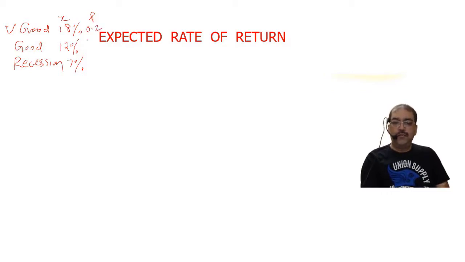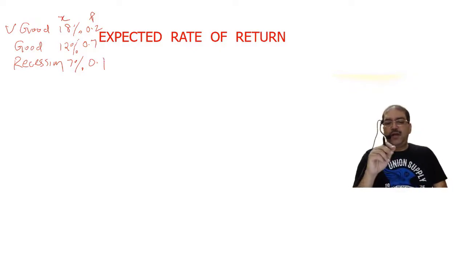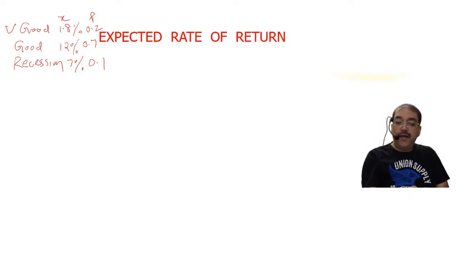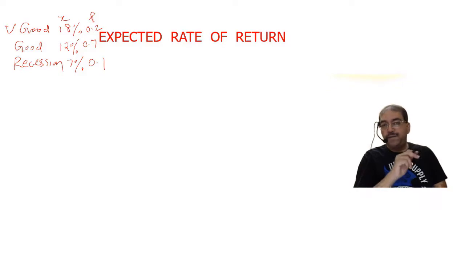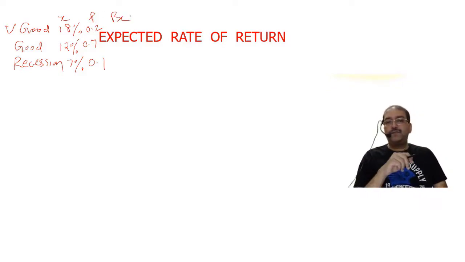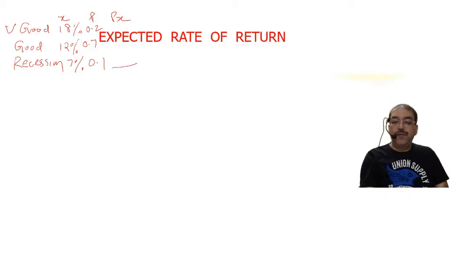Good, 0.6 or 0.7. Recession may be there, 0.1. I was least expecting recession. Now I multiply the X values, the returns, by the probability. I get the product of this, that is P into X. Summation of that P into X, this figure is my expected return.